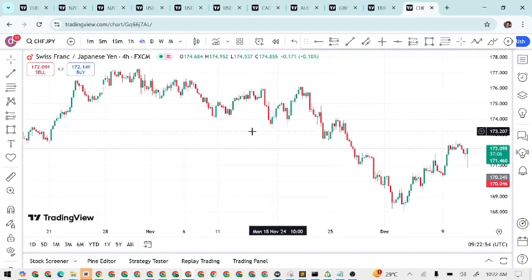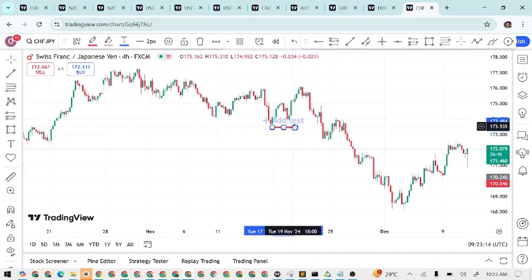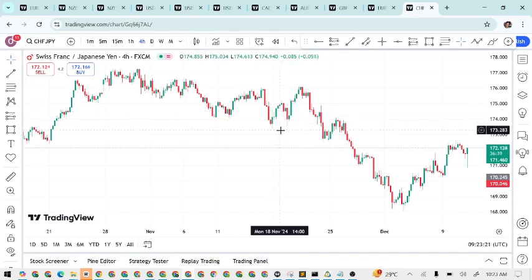Now the market moved down and it gave us another engulfing candle here, which is a very nice engulfing candle. But the market also failed to sweep the low of this engulfing candle and also make another engulfing candle. So that shows that there is no trading opportunity in that area.